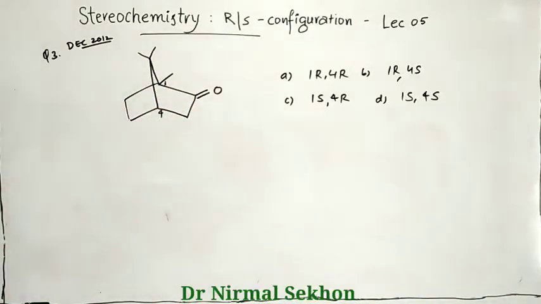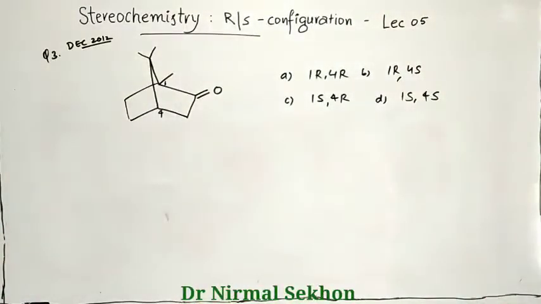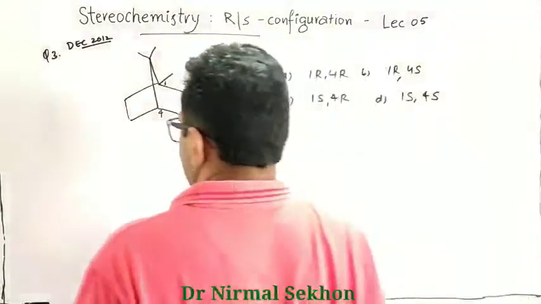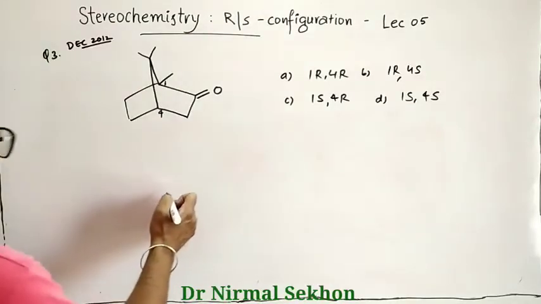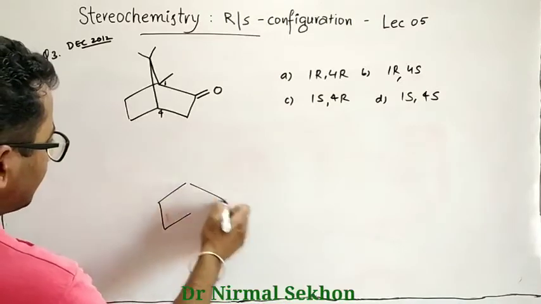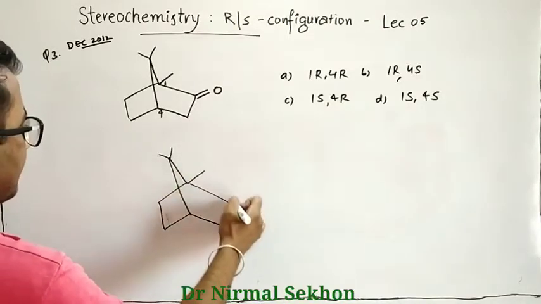In this question, which is very close or similar to the previous question, there are 2 carbons again. So draw this structure again to make it a little bit clear.